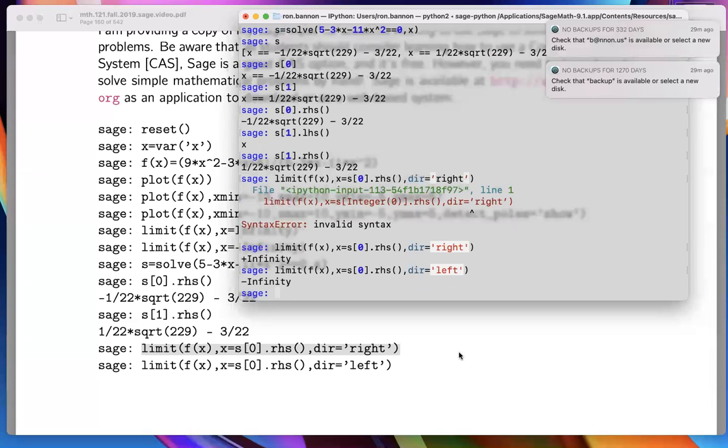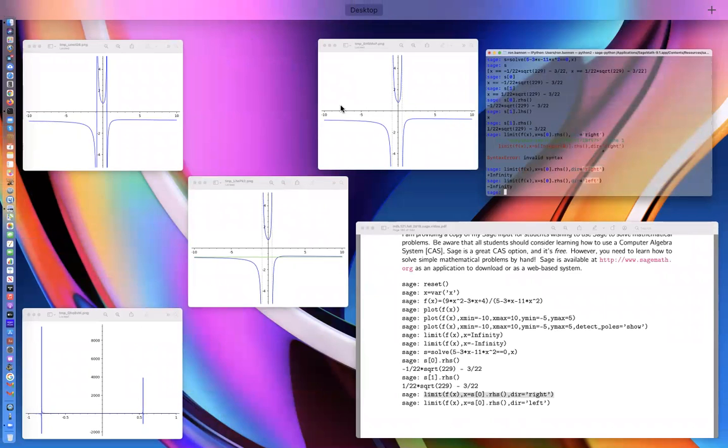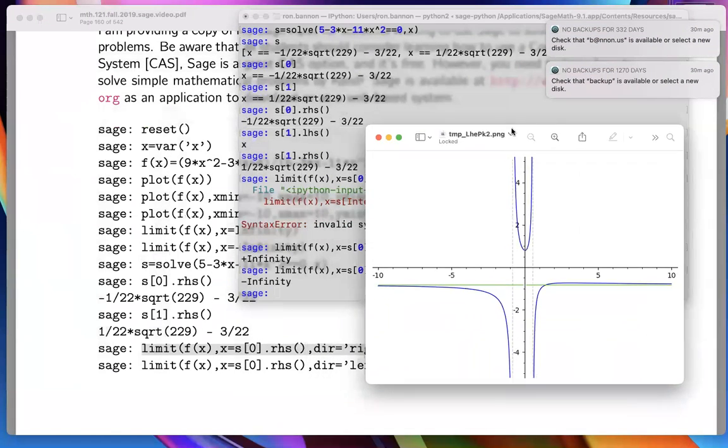Okay? And you could do the same thing for S[1]. Now, what's S[0]? I want to point out what it is. S[0] is this number over here, clearly a negative number. I want to go back to the picture and point out what picture we're looking at over here. All right. So someone says, I wonder where that number is. And let me make sure you know what I'm talking about.